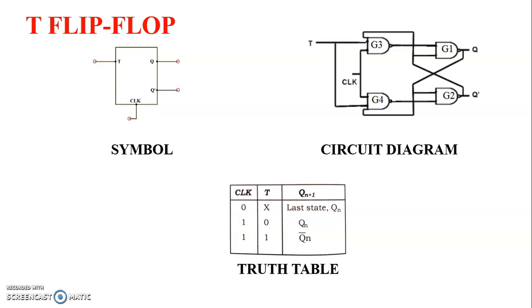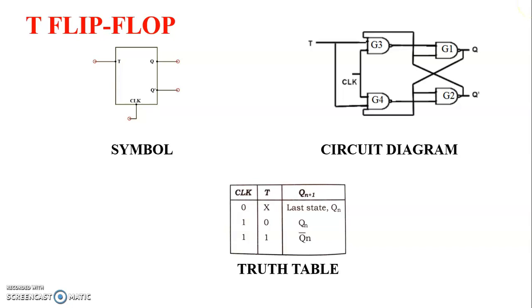When I give a clock pulse 1 and also T equal to 1, the output of gate G3 will be 0, then the output of G1 will be 1, and the output of the T flip-flop is 1. Since this Q output is given to gate G4, its output will now be 1 and hence the output of G2 will be 0. The output of Q bar is equal to 0.